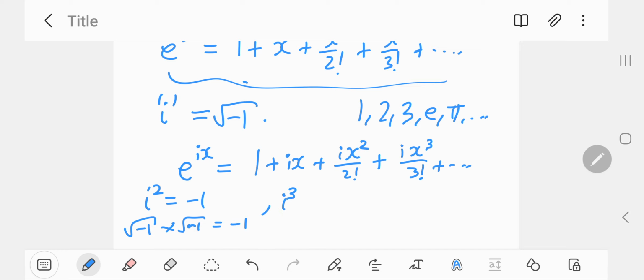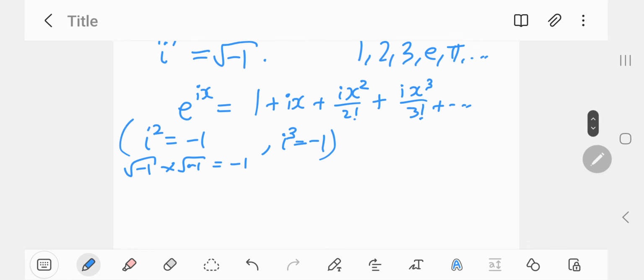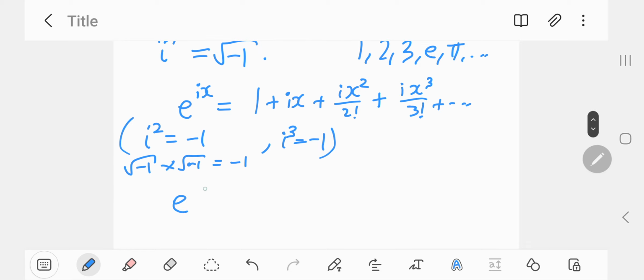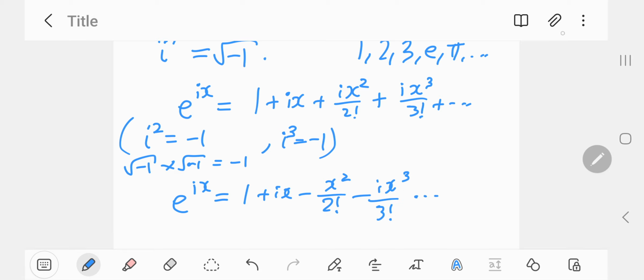And i cubed is just -i. Therefore the Taylor series expansion of e to the ix is 1 plus ix minus x squared over 2 factorial minus ix cubed over 3 factorial, dot, dot, dot.